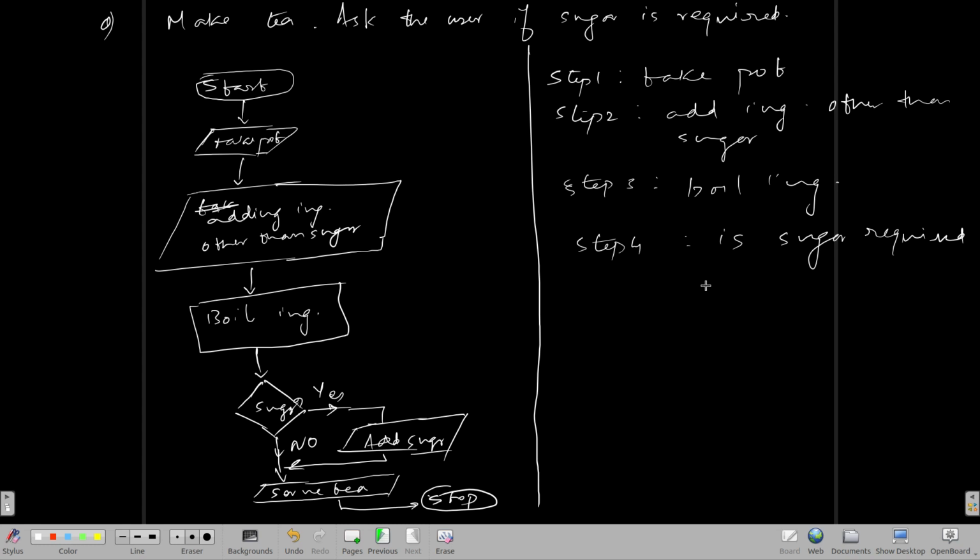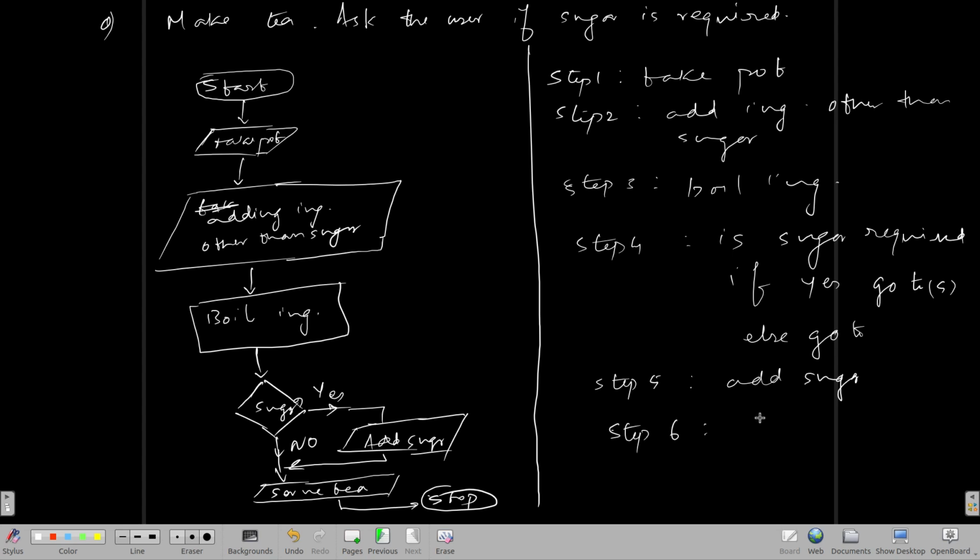Then if the answer is yes, go to a certain step, else go to a certain step. So I'm writing step 5 as add sugar. So if yes, go to step 5, else if sugar is not required, then go to step 6, which is serve tea.